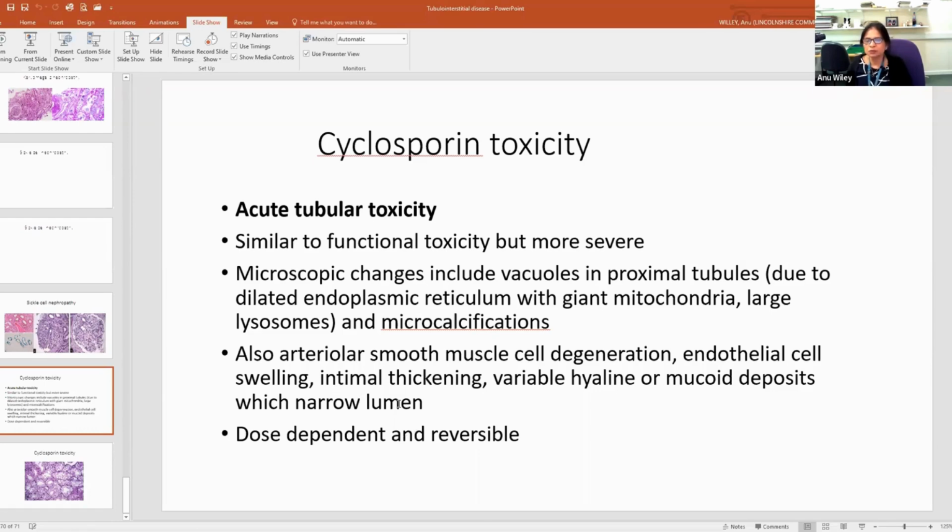Sometimes with acute cyclosporin toxicity, you can also see smooth muscle degeneration, almost lysis of the muscle wall of the arterioles and the medium-size or small-size arteries. In later stages, these areas become hyalinized, and you can sometimes see quite significant narrowing and the presence of mucoid deposits. But cyclosporin toxicity is dose-dependent and sometimes reversible, not all the time, but sometimes reversible.